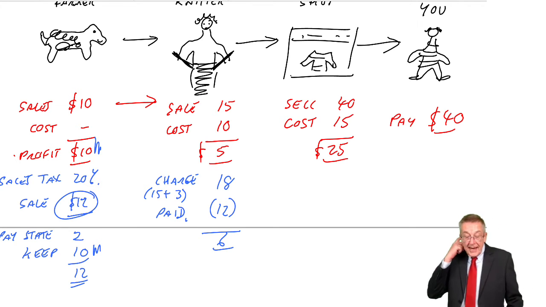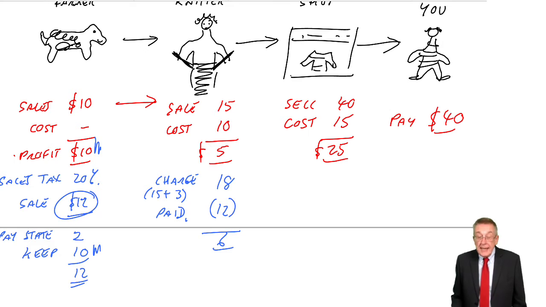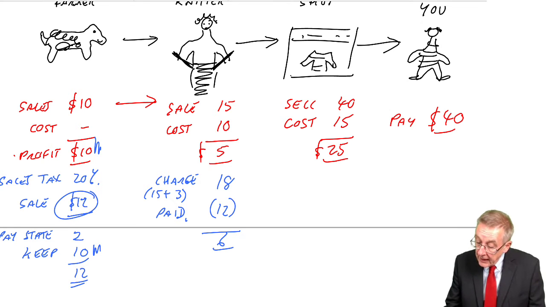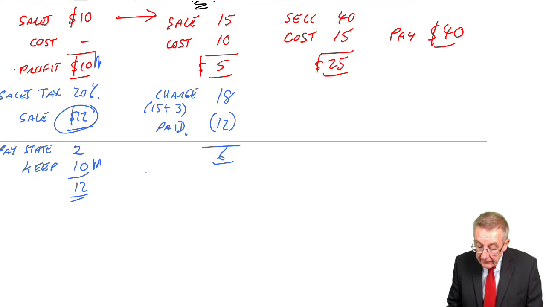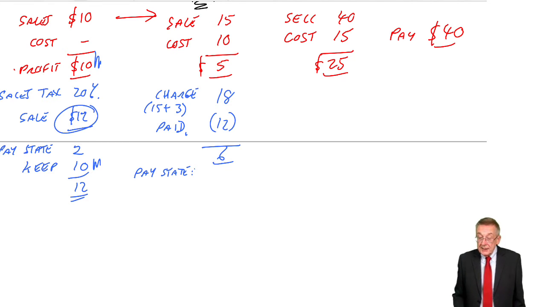And so they end up with a net $6. However, they can't keep all $6 because the rule is they've got to pay the state any tax they've collected.